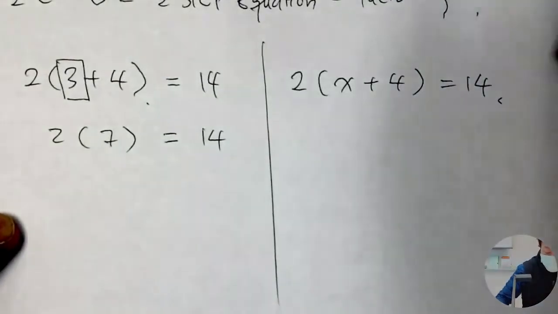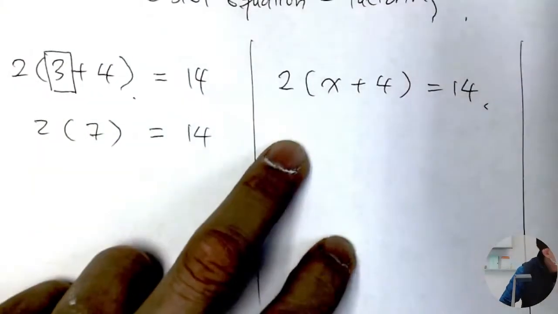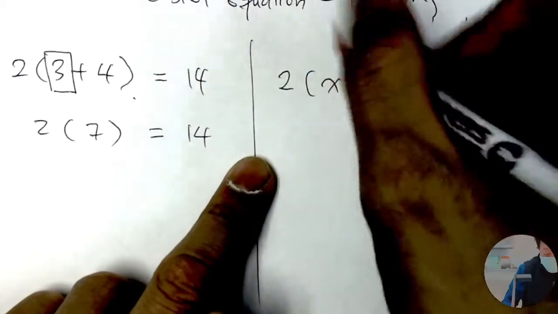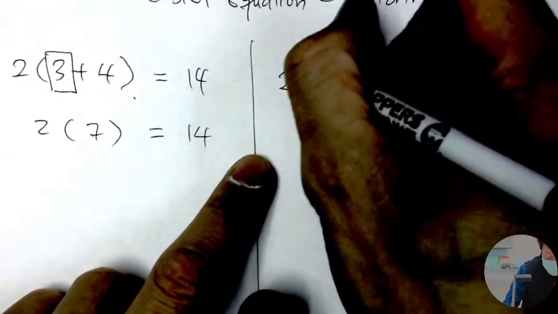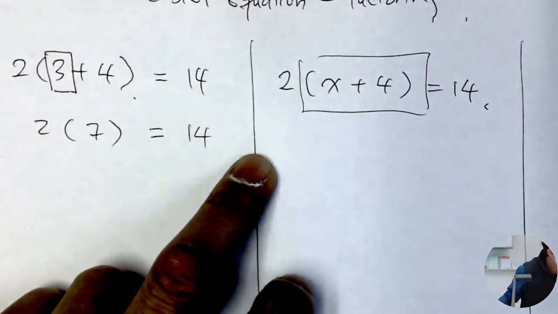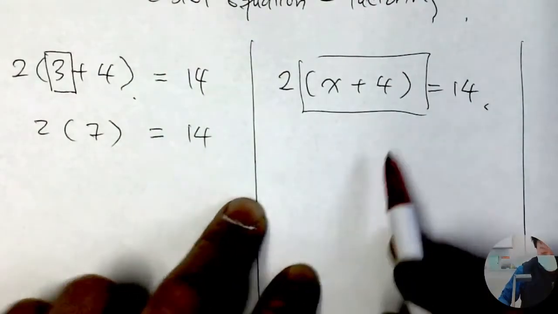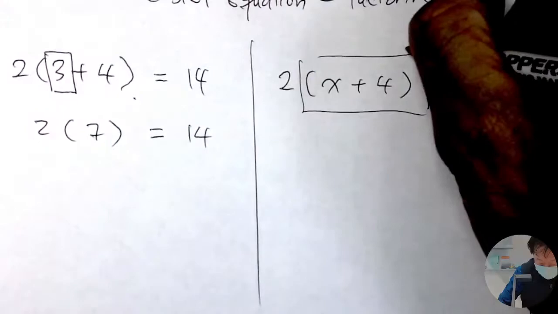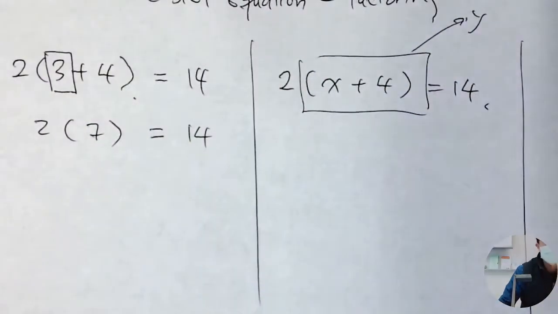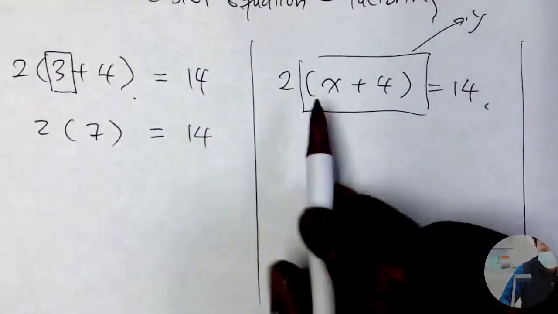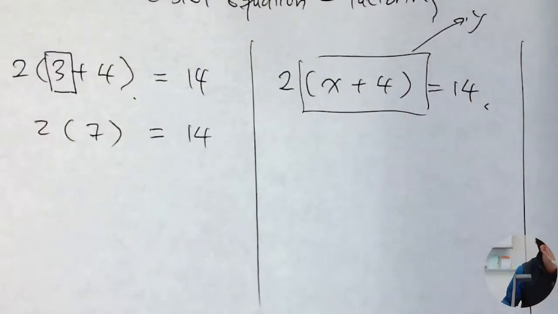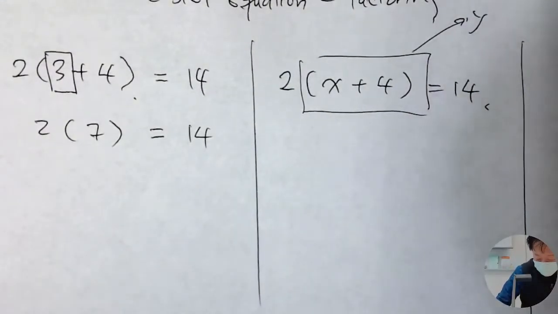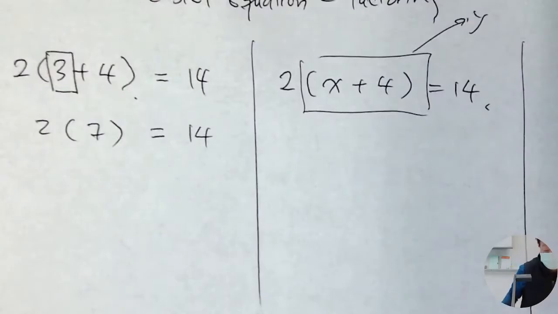But notice that I have a bracket, right? I'm going to put this bracket in the box. Big box. I'm going to replace this box by y. Can I do that? So I'm going to say this box is y. Then I can say 2y equal to 14.